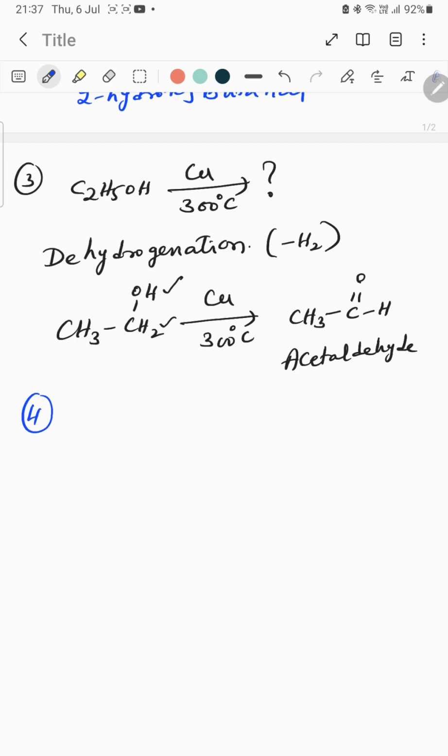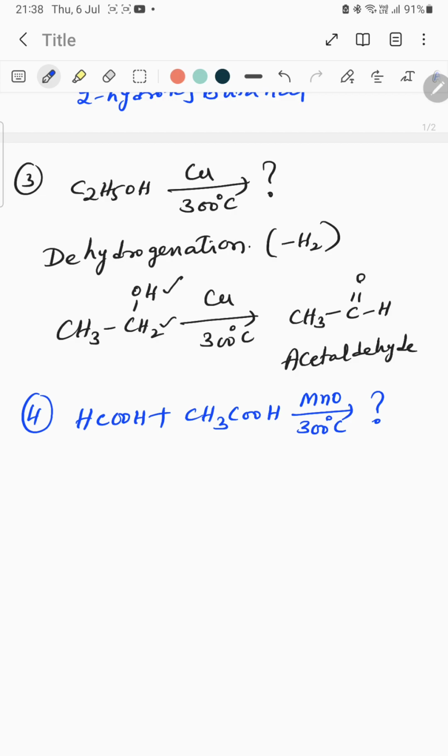This is acetaldehyde. Fourth one. Compound formed when a mixture of vapors of formic acid and acetic acid is passed through MnO at 300 degrees centigrade. Formic acid is HCOOH, and acetic acid CH3COOH, passed through MnO catalyst at 300 degrees centigrade.